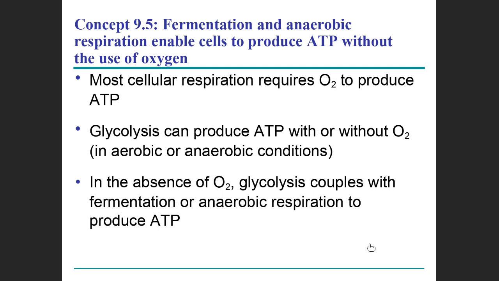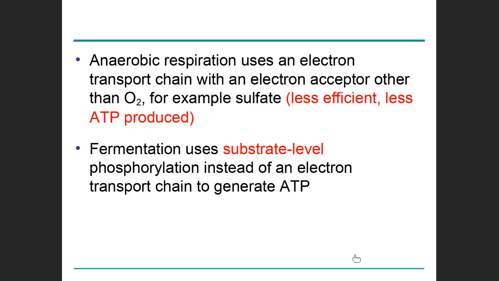So one form of anaerobic respiration is fermentation, which we'll talk about. There are other types of anaerobic respiration. We'll just mention that they exist, but we're not going to go into them. In general, anaerobic respiration can use an electron transport chain, and it has some other type of electron acceptor, not oxygen because it's anaerobic.